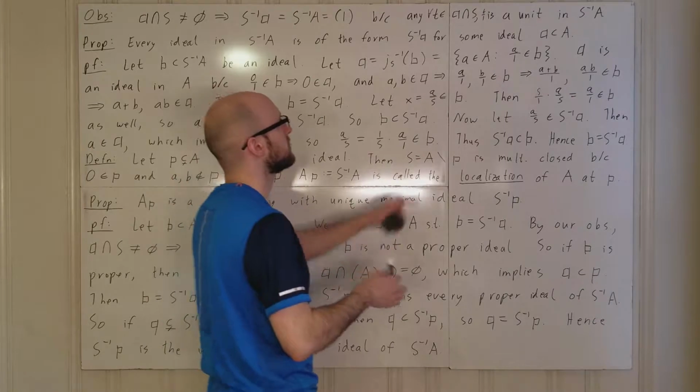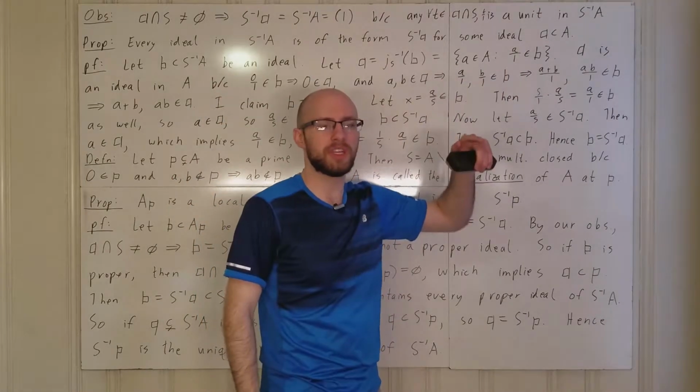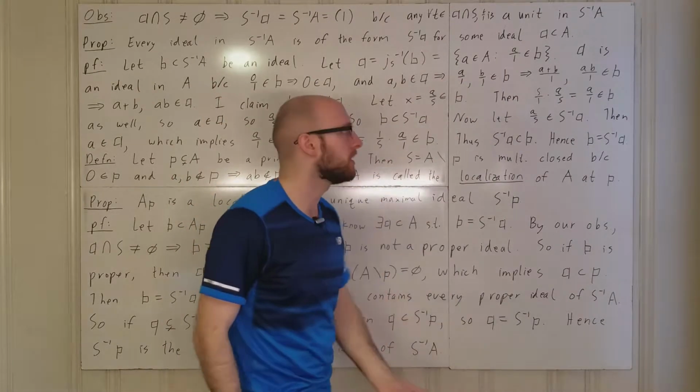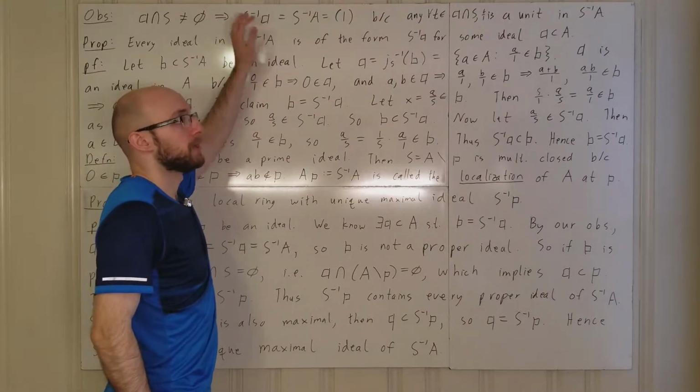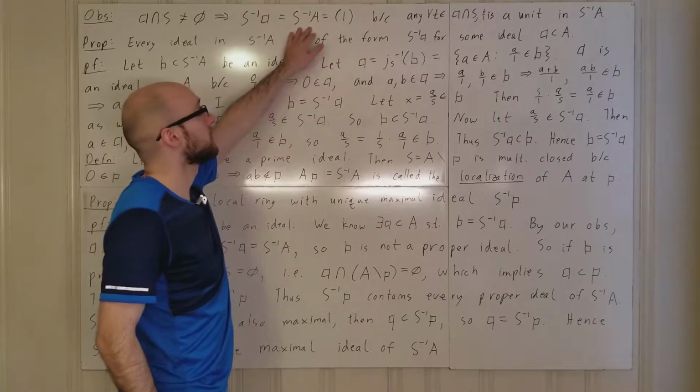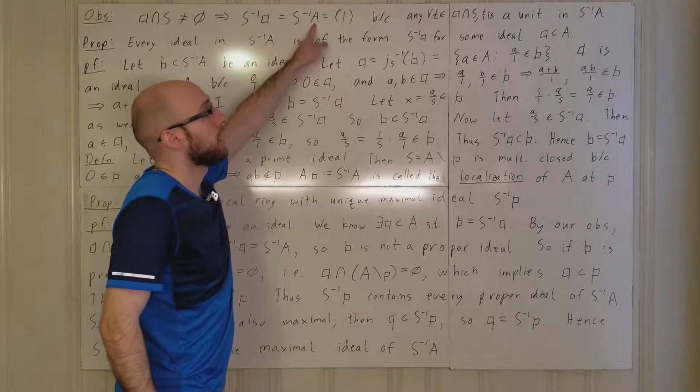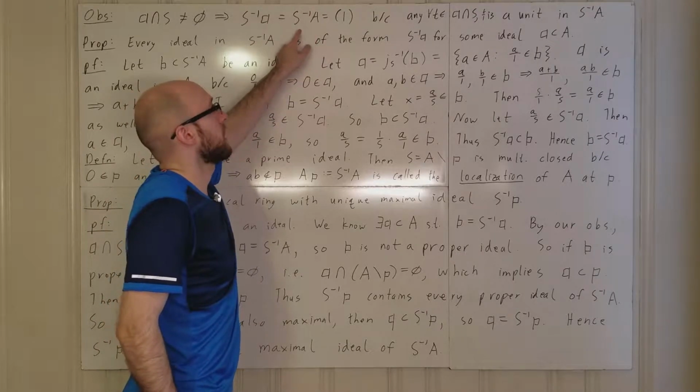So if you take this t over 1, then 1 over t is not necessarily going to be in this ideal S inverse fancy A, but it is in the ring S inverse A because 1 is in A and t is in S.